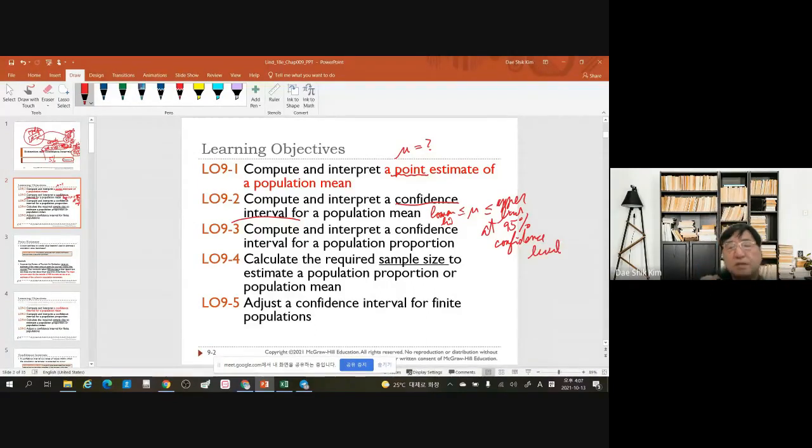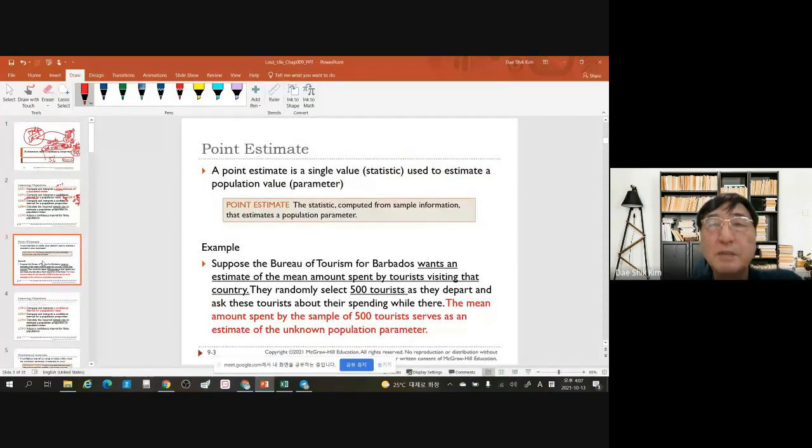So we have two things. We will compute a point estimate, just one number. Second, we want to estimate which interval will include the population mean. The first thing is the point estimate, which is a single value.